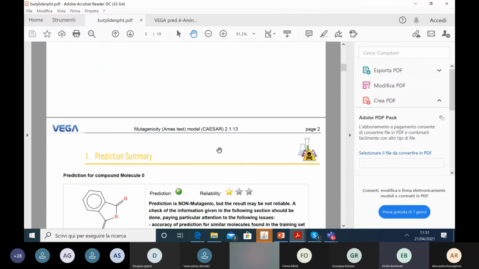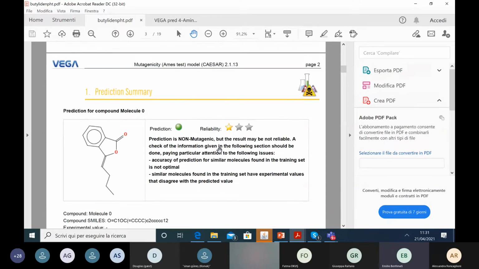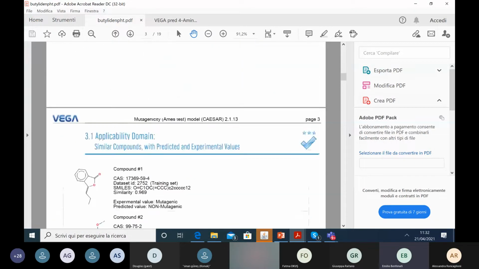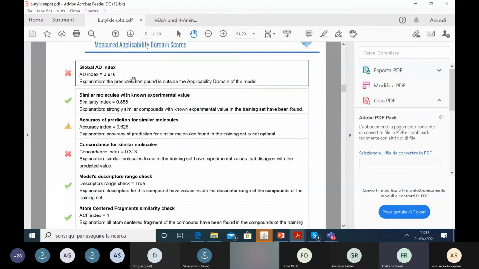So how to do? We have to evaluate each line of evidence. The first model is Caesar here. And it says it is non-mutagenic, reliability is poor, because of the accuracy and the similarity. This is what is said. The accuracy is not so good.